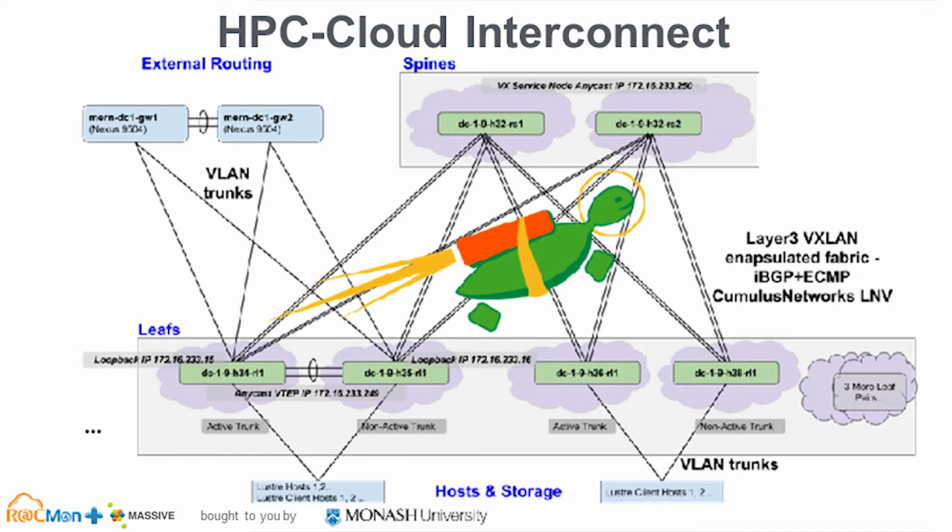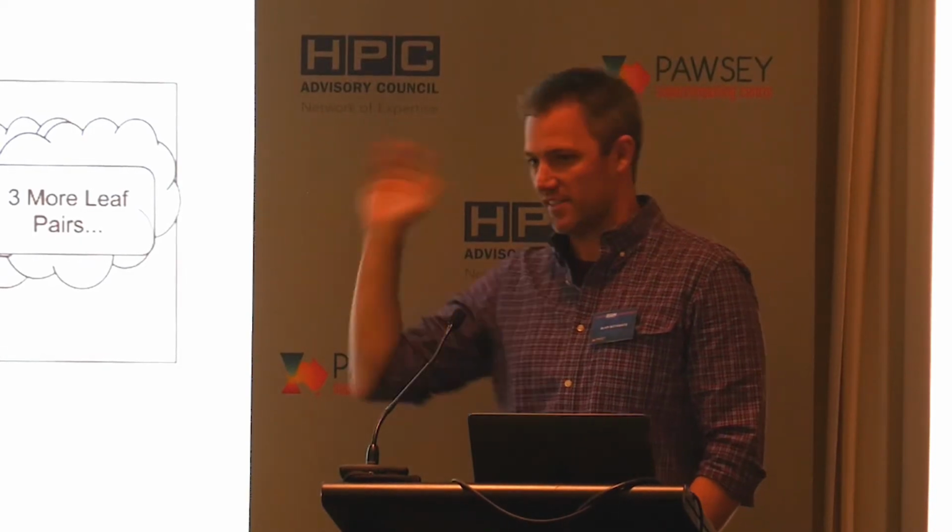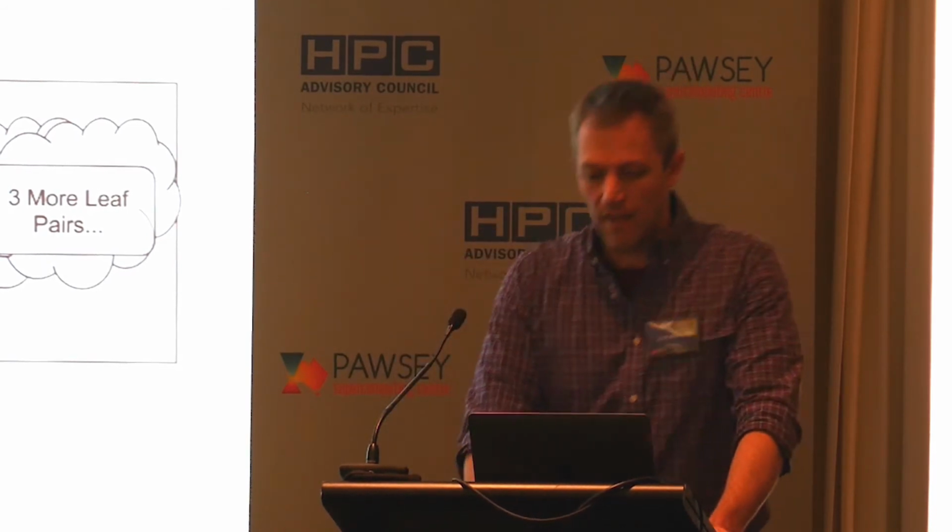We can add more spines in and keep going out to the side. And as I said, having Ethernet here means we don't have any special fancy bridge boxes going on anywhere to link out to external routing. And for a cloud environment, that's quite important, because not only are we running HPC stuff on this fabric, but there's also people that are doing really north-south focused work, right? Or integrating with stuff on the campus, running services, this sort of thing.